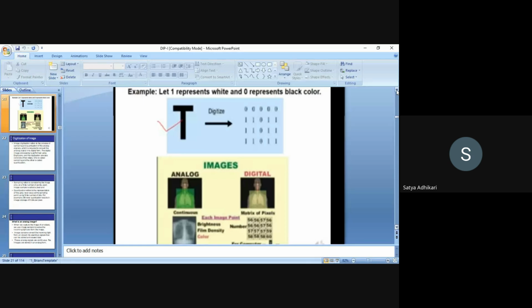Suppose a pixel value of 5 and a pixel value of 250. The pixel value 5 is darker, because 0 is black color and 1 is white color. Similarly, 0 is your black color and 255 is white color. So 255 is pure white and 0 is black.